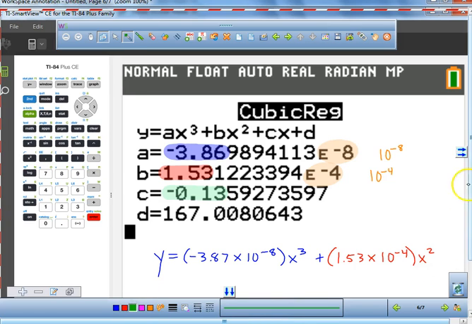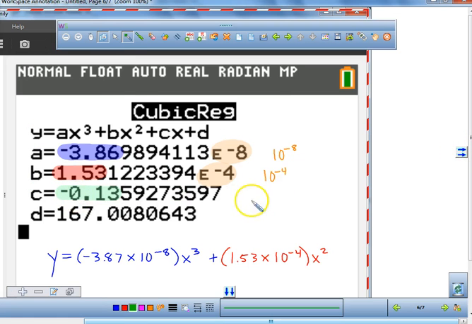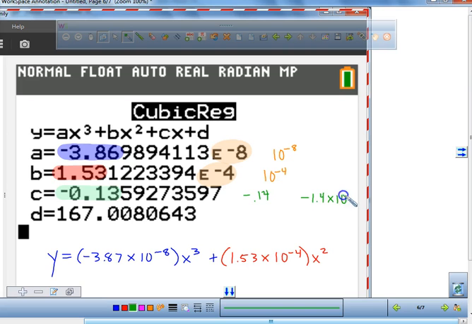If I kept this in scientific notation, you know what -0.1, we'll call it 0.14, we'll round it, in scientific notation would be? It'd be -1.4 times 10 to the -1. So we put minus parentheses 1.4 times 10 to the -1 x.